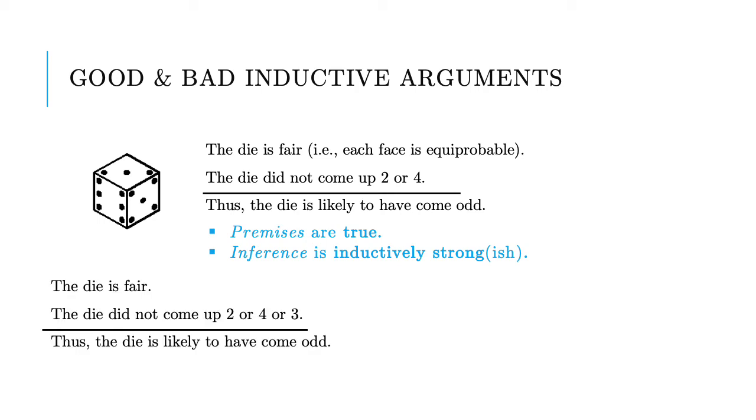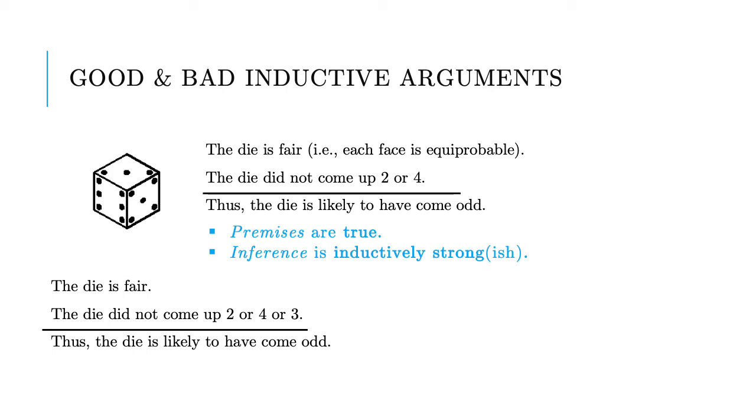For our next argument, we have that the die is fair, but that the die did not come up 2 or 4 or 3, with the conclusion, thus the die is likely to have come up odd. Here we note that the conclusion is still drawn from an inference that is modestly and inductively strong, or at least better than chance, right?